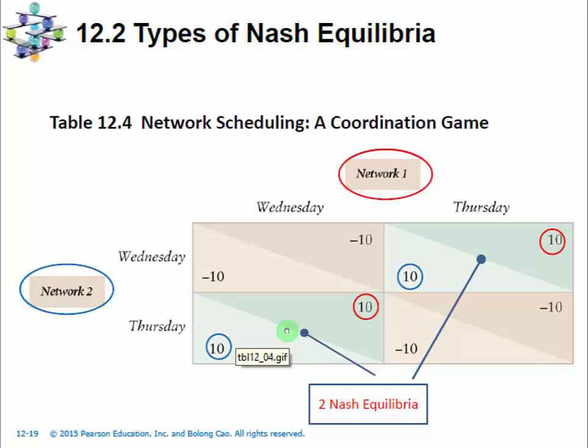We say, on one hand, if network 2 schedules on Thursday, network 1 will schedule on Wednesday, but on the other hand, there's another possibility that network 1 schedules on Thursday and network 2 schedules on Wednesday. So by far, as much as we have known about game theory, we cannot make a clear-cut prediction about what the two networks will do in this coordination game.